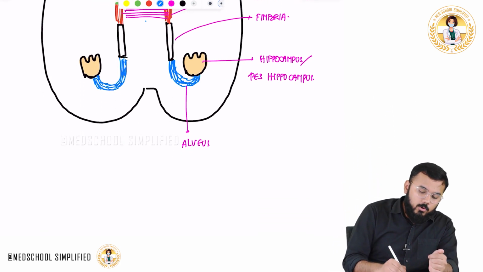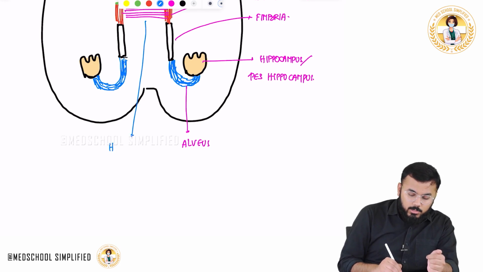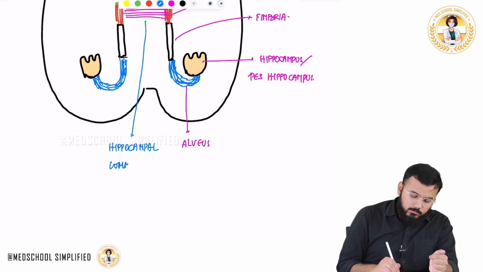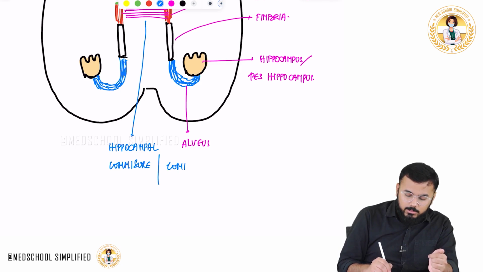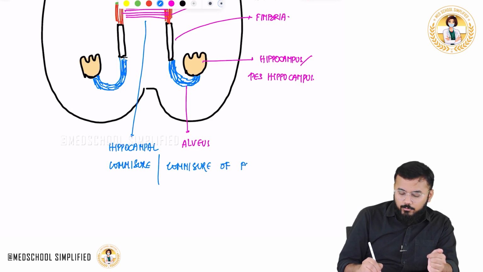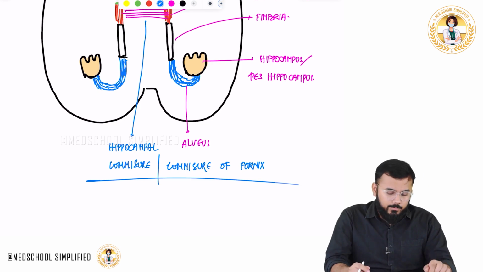So this is called your hippocampal commissure, or you can also call it the commissure of the fornix.